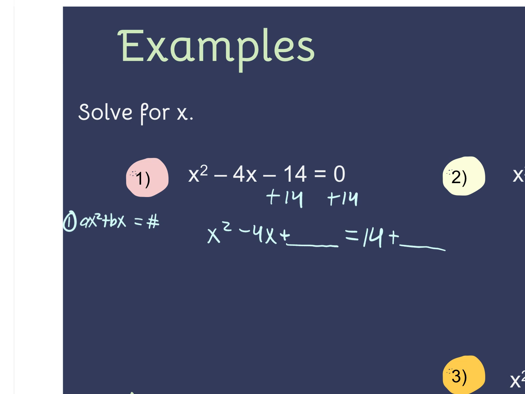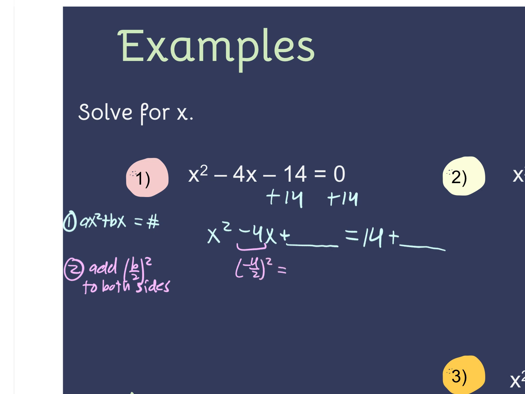And then the next thing we want to do, this is what we want to add: b over 2 squared to both sides. Now, our b term here is going to be this negative 4. So we want to find negative 4 over 2 squared.